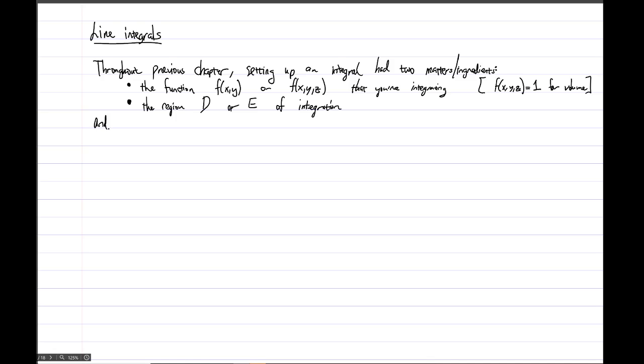Even though I think I already said it, let's just mention, the function, that's this part here, and the region, that's the second part here, are really independently determined.